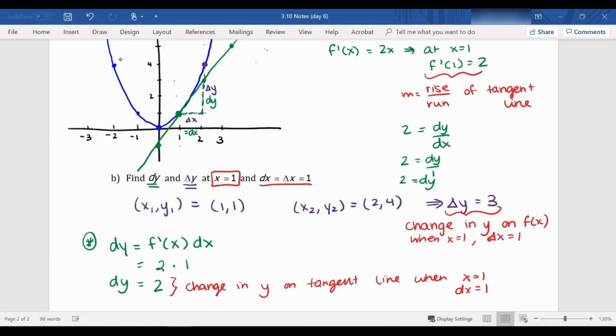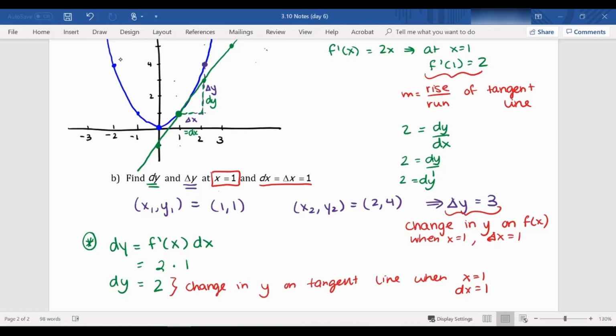So basically what we're doing is given a specific point of tangency, if I change my x by a specific amount, I'm comparing what is the difference between the corresponding y value on the actual curve and the corresponding y value on the tangent line.